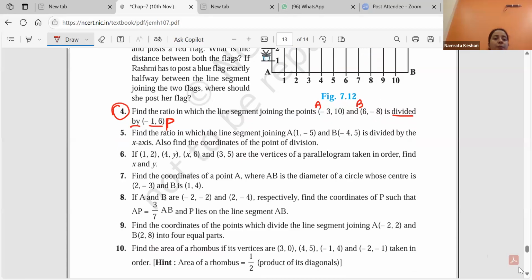Next one, number 5: find the ratio in which the line segment joining this and this is divided by the x-axis. There is a line segment joining A and B, I'm talking about question number 5.